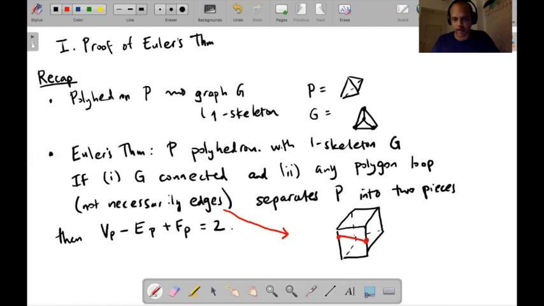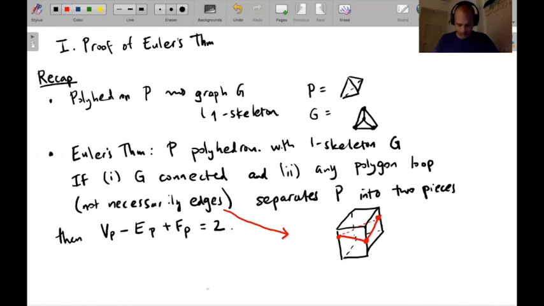It's composed of some straight line segments, but it doesn't have to be made up of edges. The reason why we want this assumption will make sense once we see the proof.